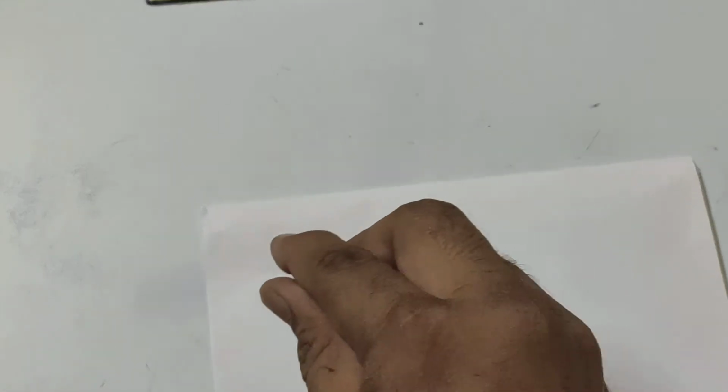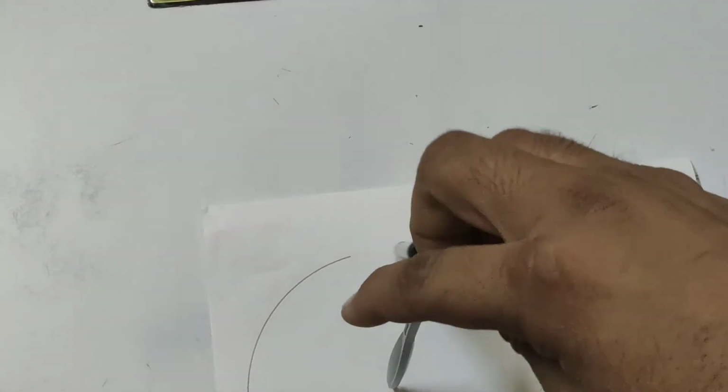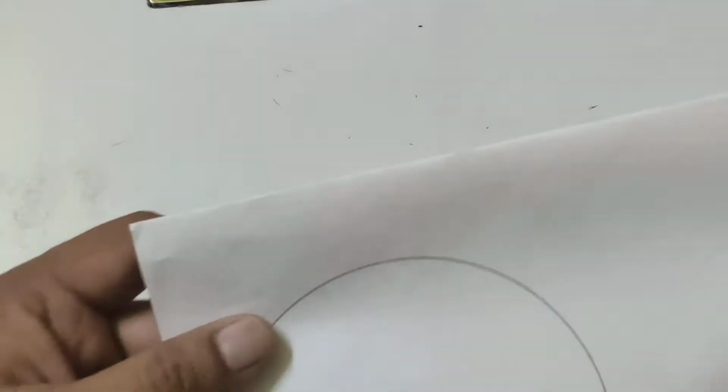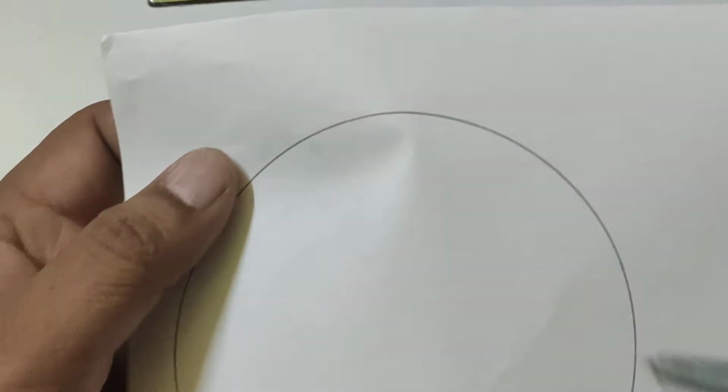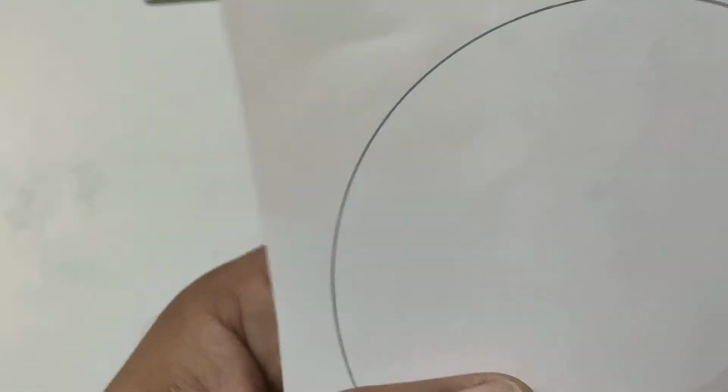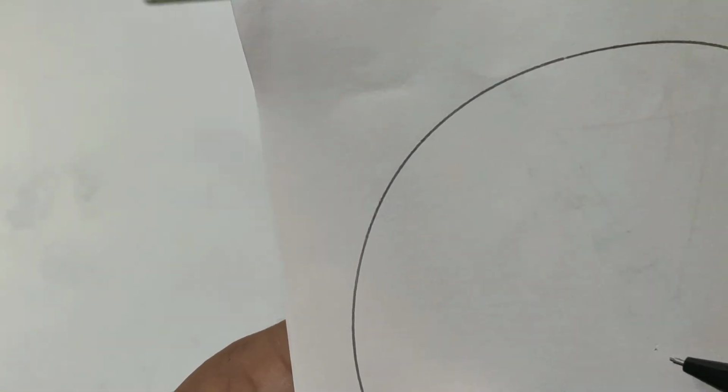So construct a circle of that given radius. In this case, we are given a circle of 6 cm radius. You also have to mark the center, so make sure that you note down the center of the circle. So here's the center.